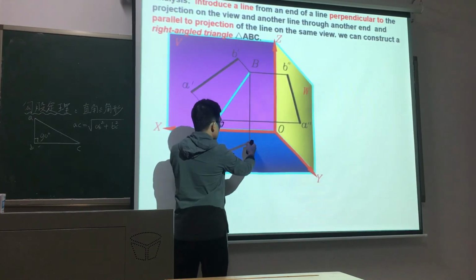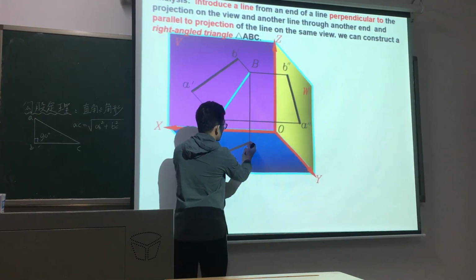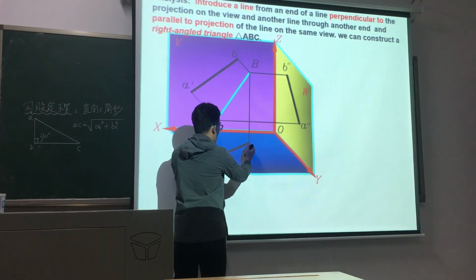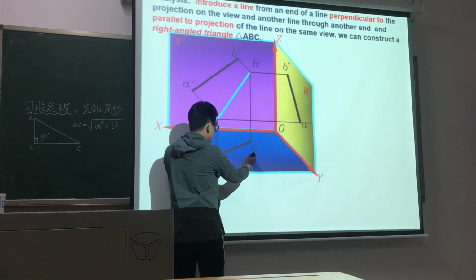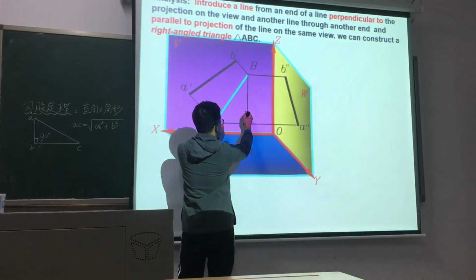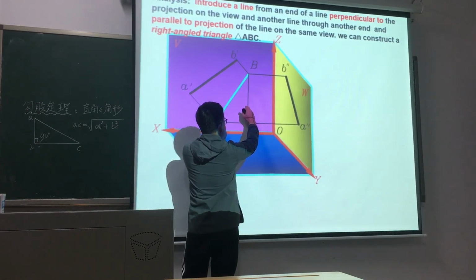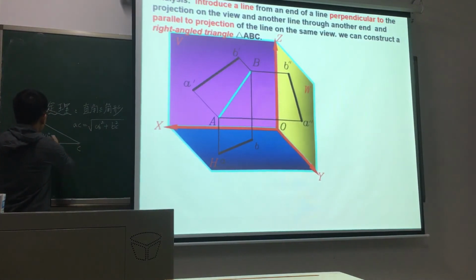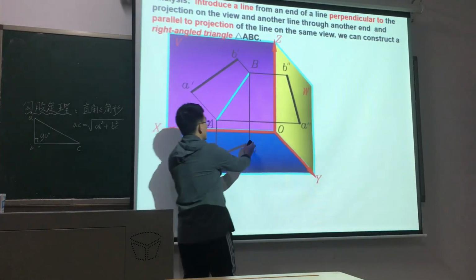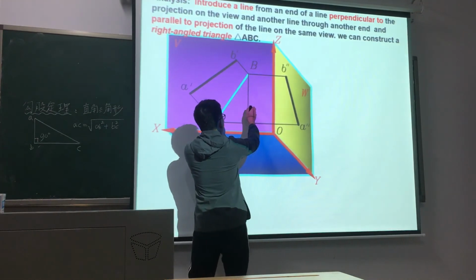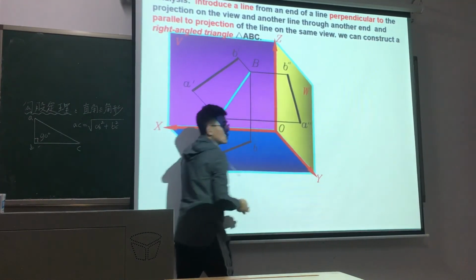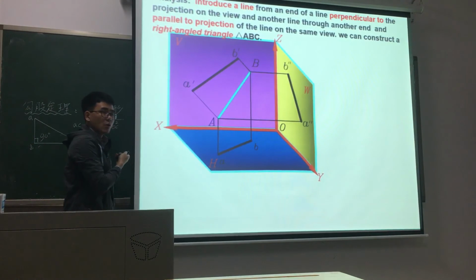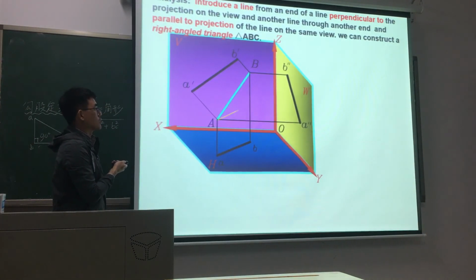So you move this AB projection on the VH plane to here, and you have the right angle just like this. This is AB. This length you can get. So how about the distance? This is the key point.